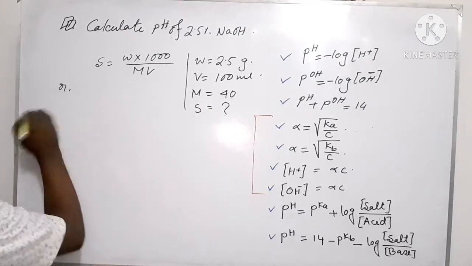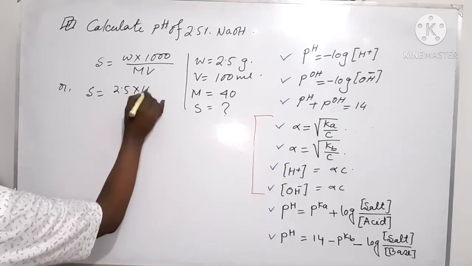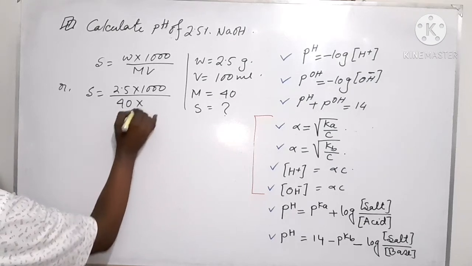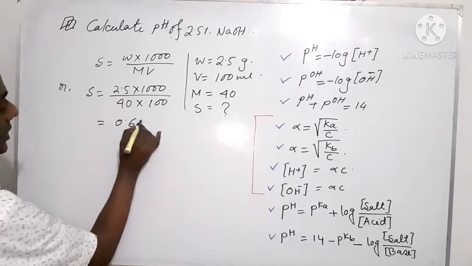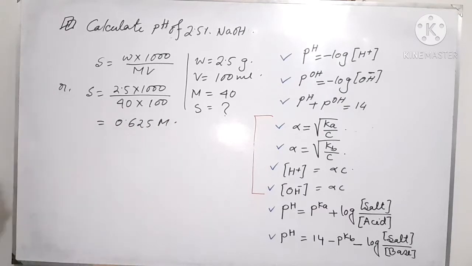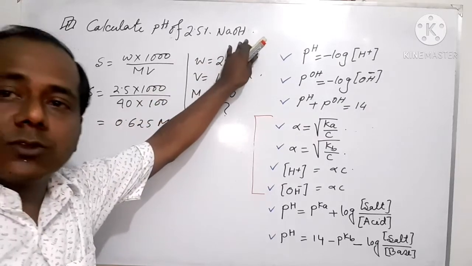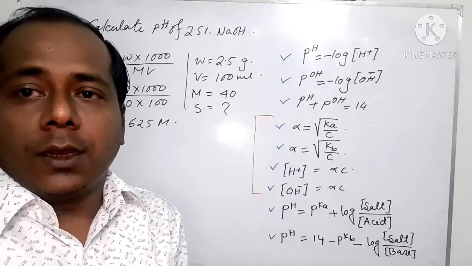Now S equal to 2.5 into 1000 divided by 40 into 100, and we get the value 0.625 molar. So the molar concentration of 2.5% sodium hydroxide solution is 0.625 molar.